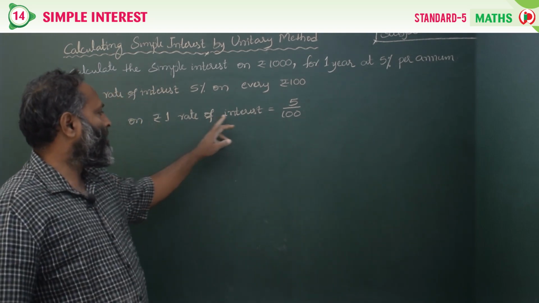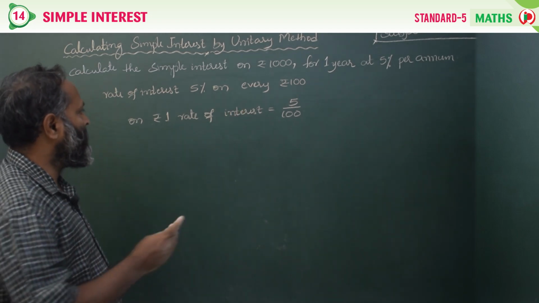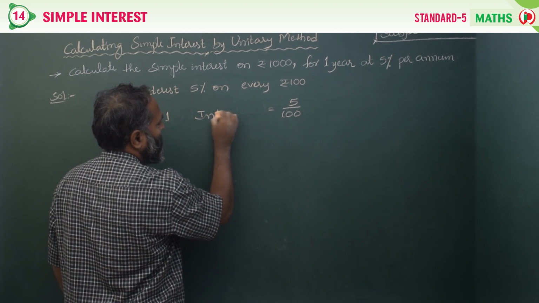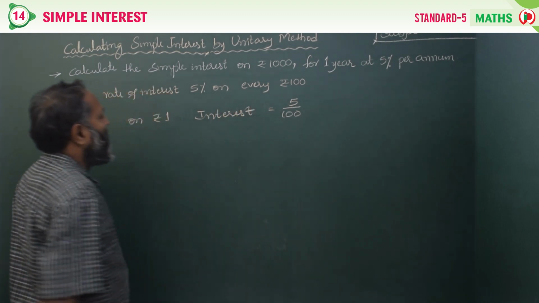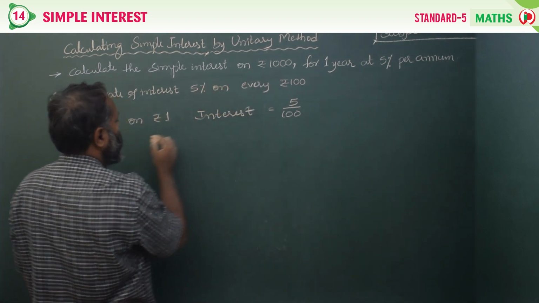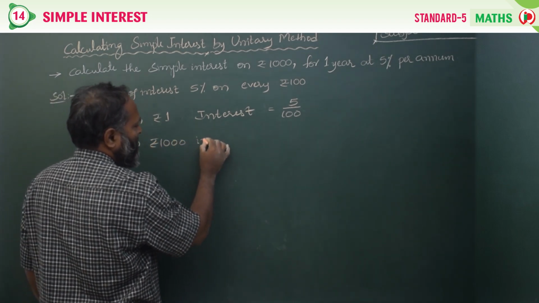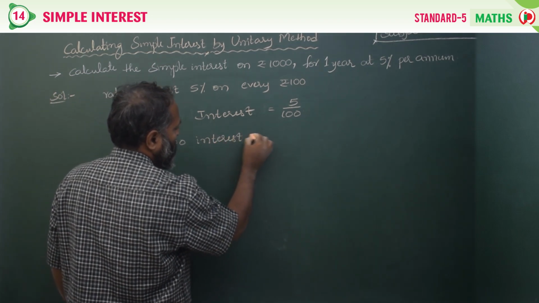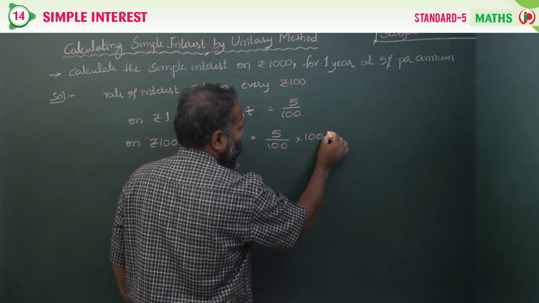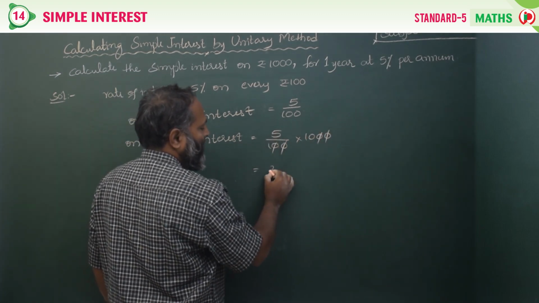On 1 rupee, the interest is 5 by 100. Now we should find it on 1,000 rupees: 5 by 100 multiplied by 1,000. Then the 0s get cancelled, and 5 tens are 50.